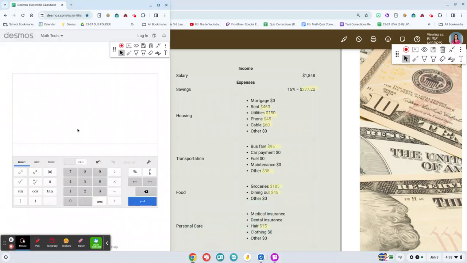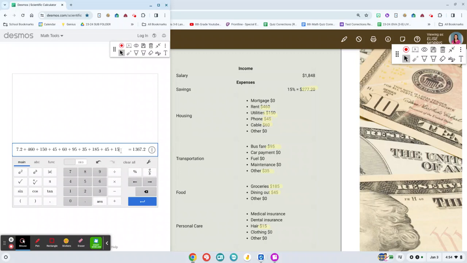Let's grab our calculator and we're going to start with savings. And we're just going to start adding. Here's rent and utilities, phone, cable, bus fare, other transportation costs, groceries, dining out. We don't have medical or dental insurance.